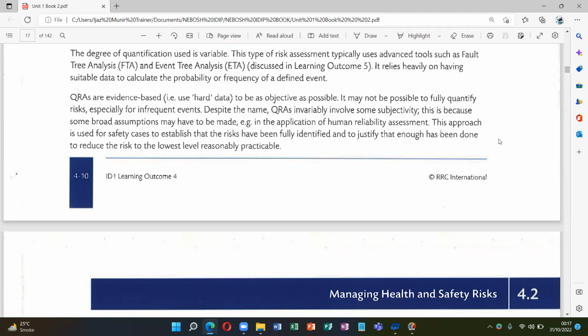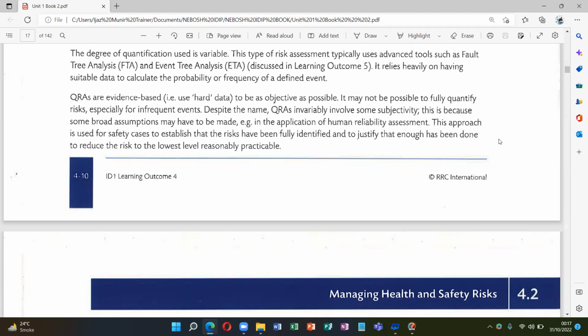It relies heavily on having suitable data to calculate the probability or frequency of a defined event. QRA is evidence-based and uses hard data to be as objective as possible. It may not be possible to fully quantify risk, especially for infrequent events.